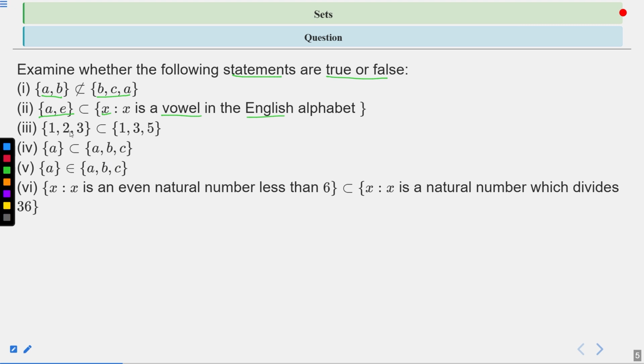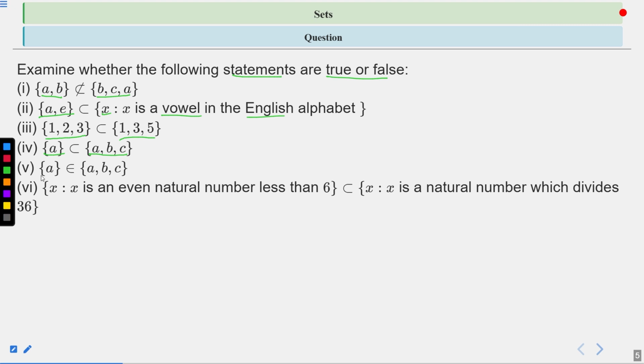Third, the set in roster form with elements 1, 2, 3 is a subset of the set in roster form with elements 1, 3, 5. Fourth, this singleton set with element A is a subset of the set with elements 3, A, B, C.